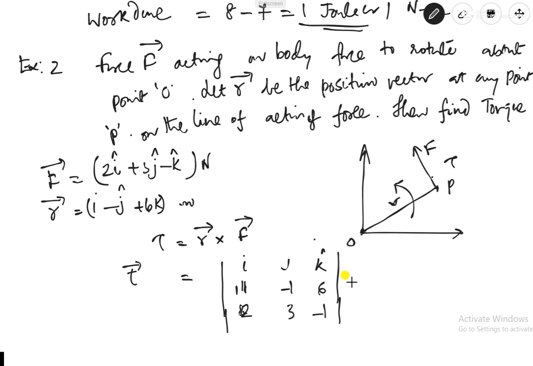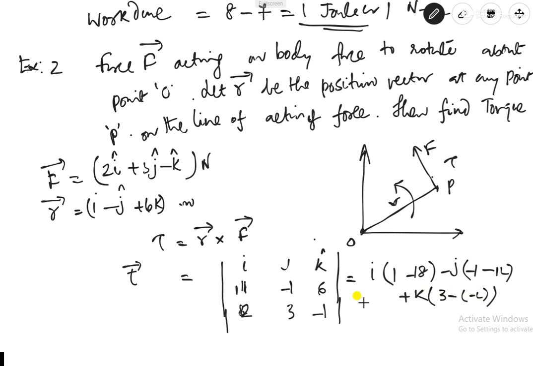As you know, it is equivalent to i into (minus 1 into minus 1, plus 1 minus 6 into 3, that is 18), minus j into (minus 1 plus 1 is minus 1 minus 2, 6 into 2 is 12), plus k into (3 into 1 is 3, minus of minus 2).